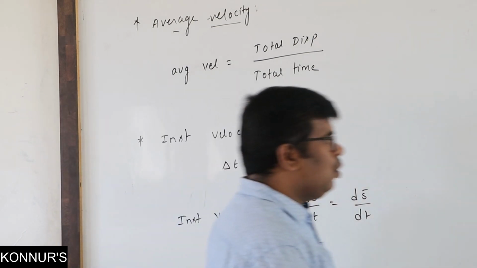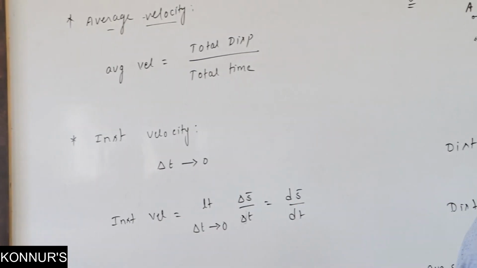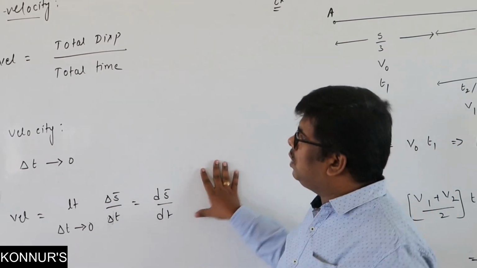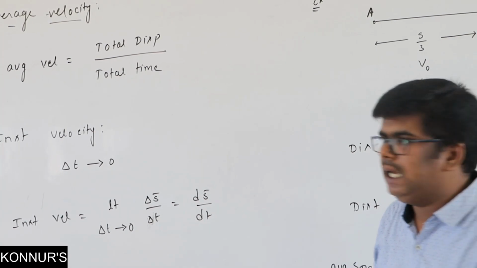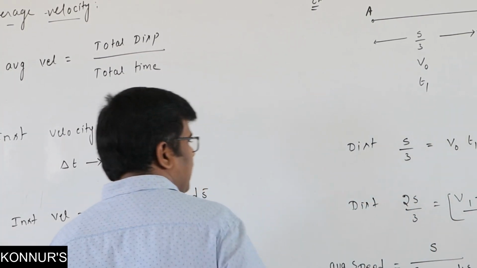Next we will go to the discussion of an example: how to calculate both average speed and average velocity. On the basis of an example, we can discuss that.